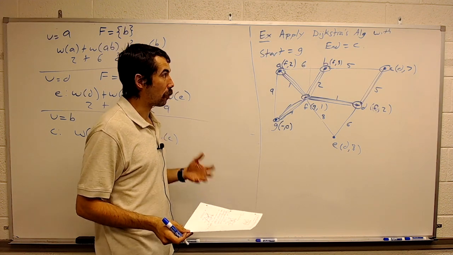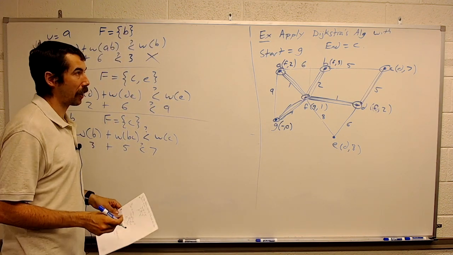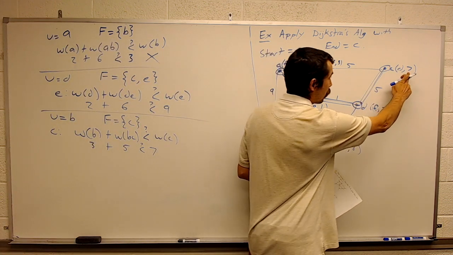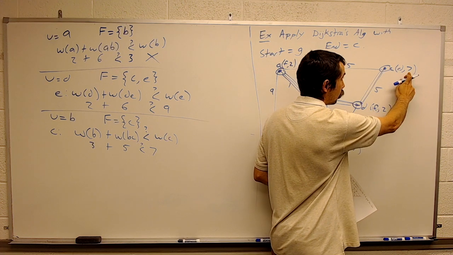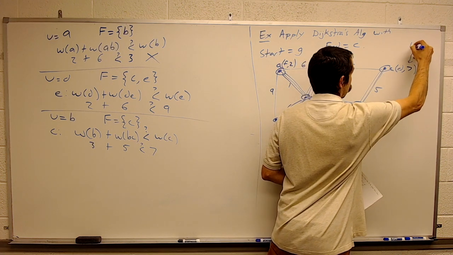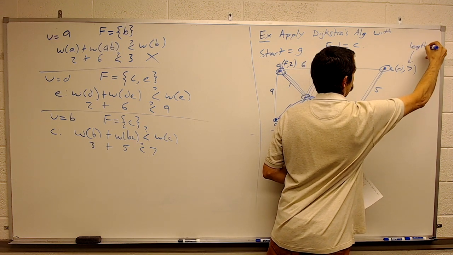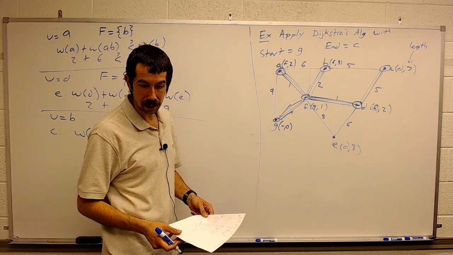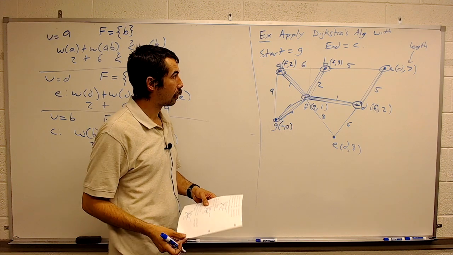And so we can record our shortest path. So what is the shortest path? Well, we know its length is going to be 7. Okay, so the label next to the C tells us what the length of the shortest path is. And how do we get it?